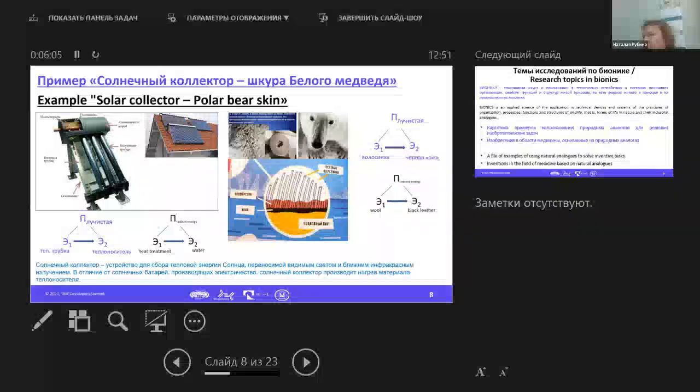A solar collector is a device for collecting thermal energy of the sun, which transfers this energy to thermal conductors, and then these thermal conductors get warm and transfer the warmth further. So these solar collectors can be installed in altitudes which have a lot of sunny days.